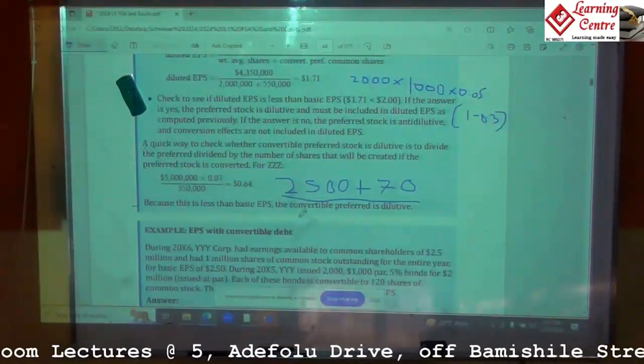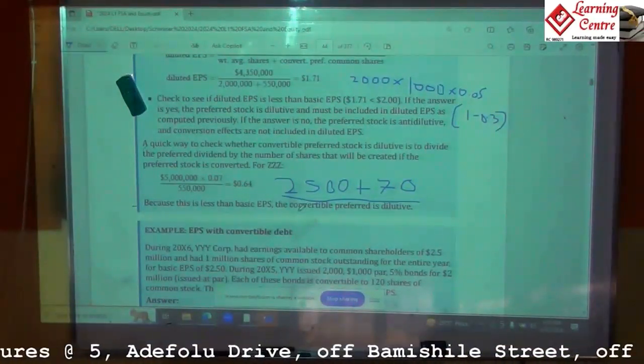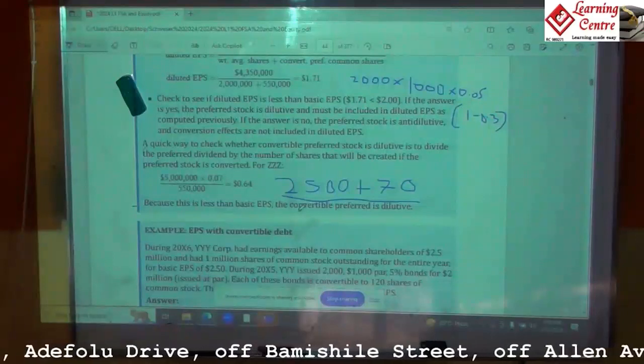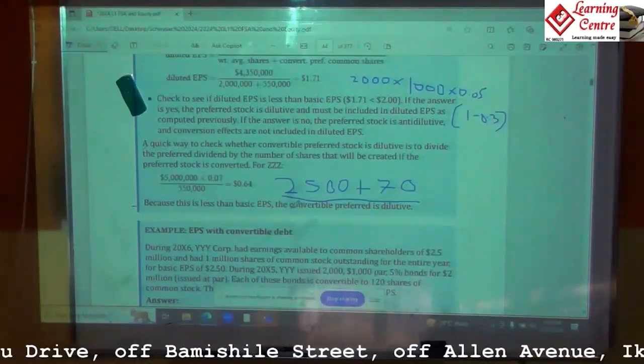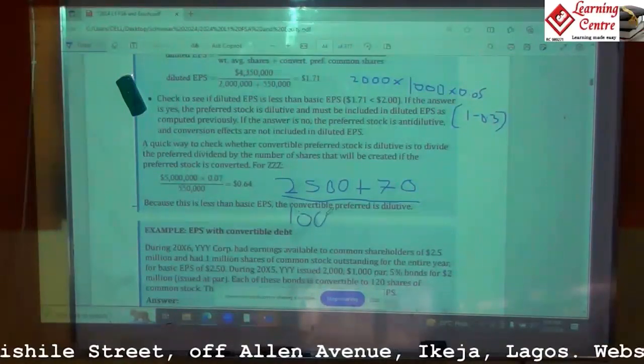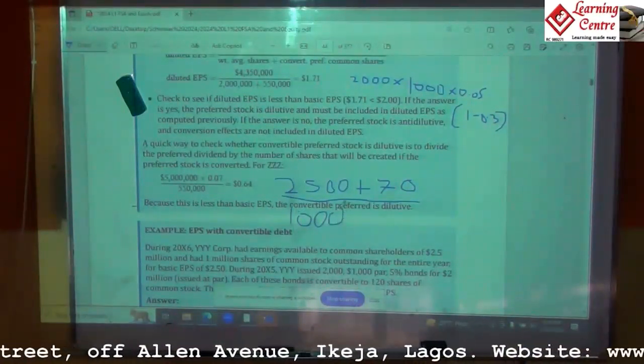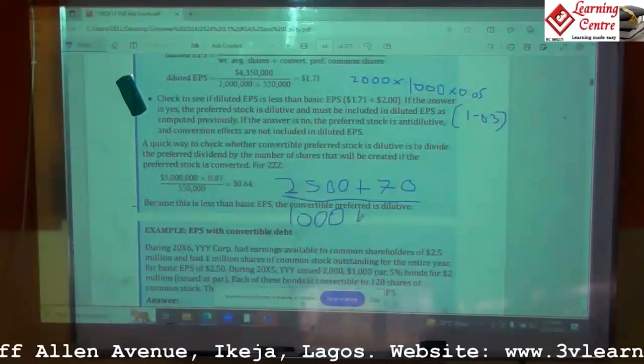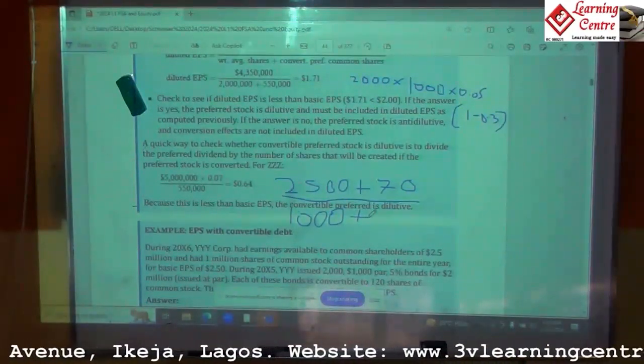Our weighted average, we initially have 1 million shares outstanding, the people who were there before. Then they are converting. Now see, who are the people converting?